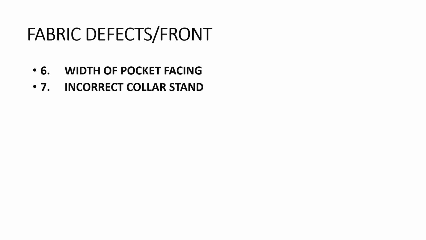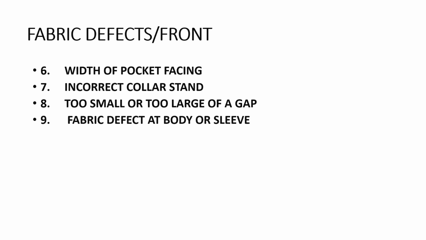If there is an incorrect collar stand, that also must be checked properly. Too small or too large is not acceptable. And the fabric defect must be checked, both for the body and for the sleeves.